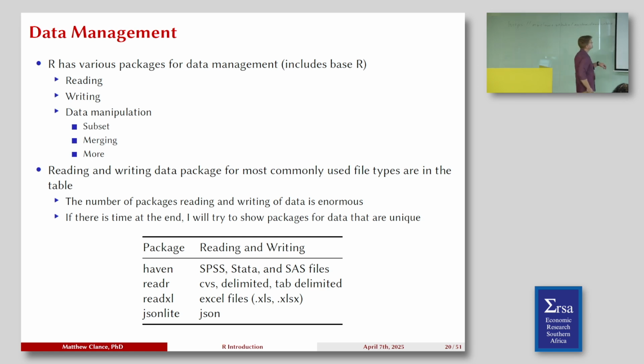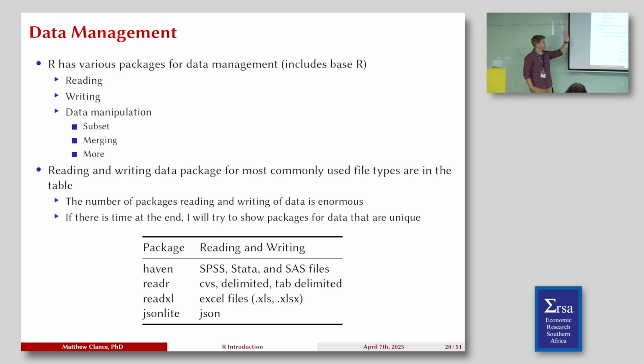Other than that, once we have those, we can start to manage the reading, writing, and then data manipulation. Now, that does not mean massaging or cooking. When I say manipulation, I'm basically saying trying to get it in the right format.